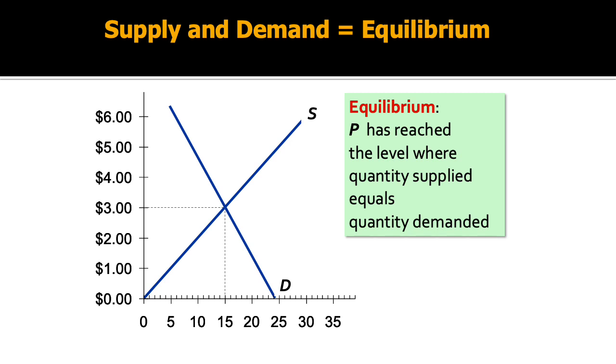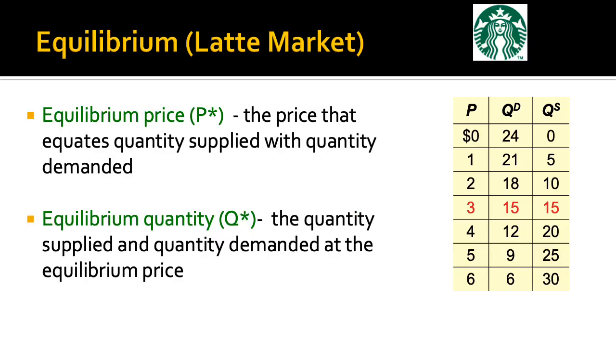When the price is $3, the quantity demanded is equal to the quantity supplied, meaning that the number of units demanded by consumers is equal to the number of units provided for sale by the producers, which means there's no shortage or surplus in this market.